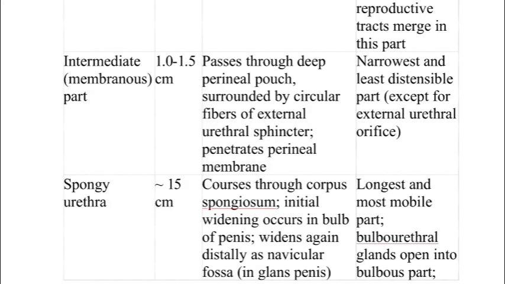So you need to understand the features of the proximal part of the male urethra. That is what you have in the pelvis. The intramural, that's the pre-prostatic urethra, is surrounded by the internal urethral sphincter. The diameter and length varies depending on whether the bladder is filling or emptying.